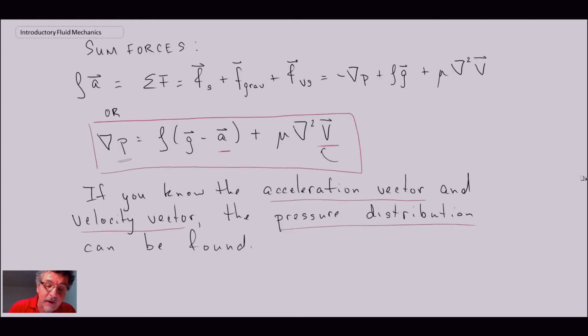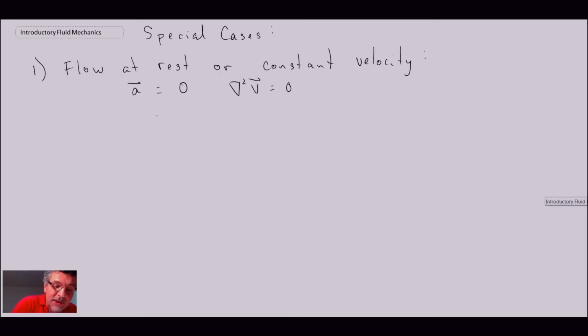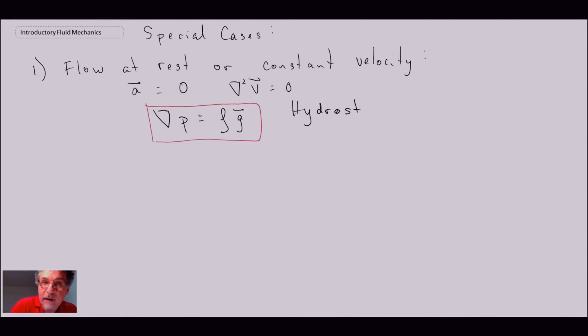Looking back at our equation, what we end up with is just grad P equals rho times G. This is the hydrostatic condition, which we'll look at more extensively in the next segment.